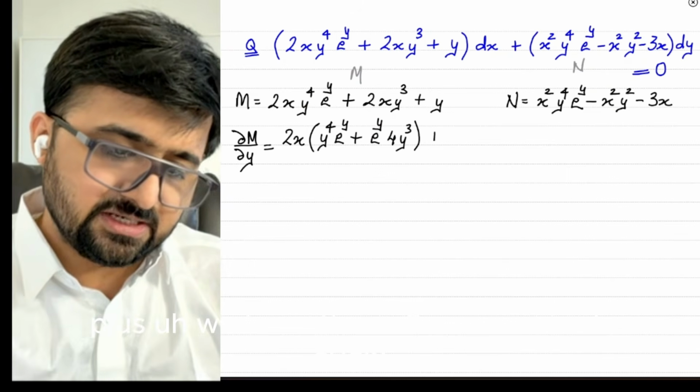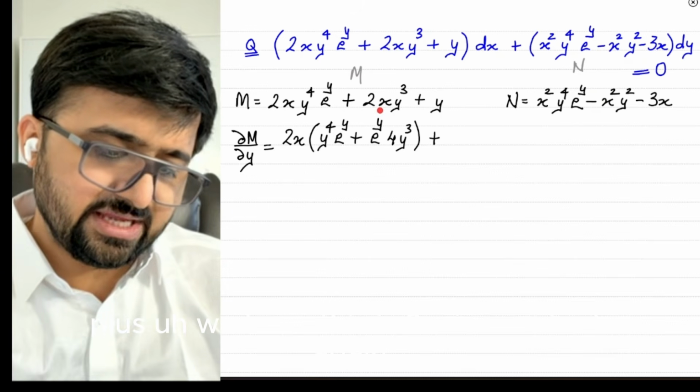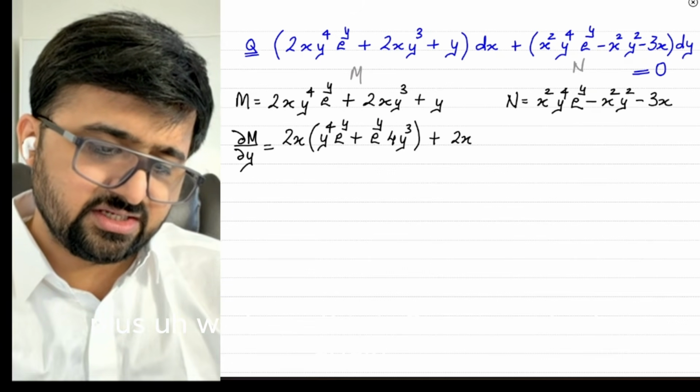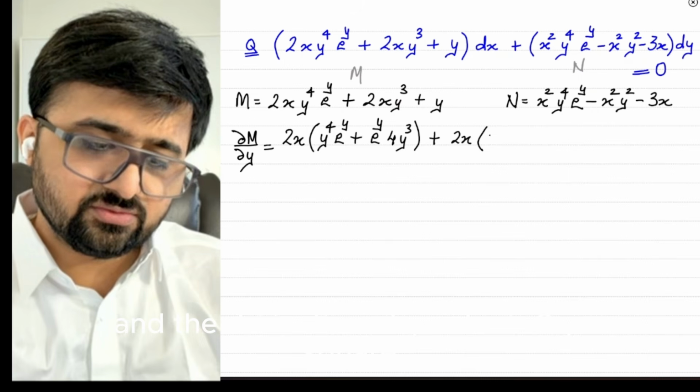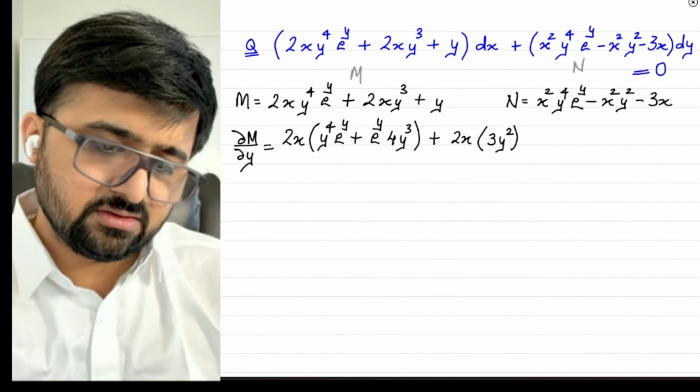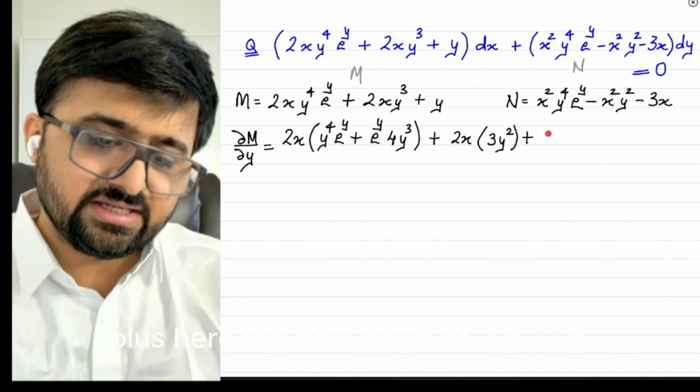Plus we have 2x, constant again, and the derivative of y^3 is 3y^2, plus the derivative of y is 1.